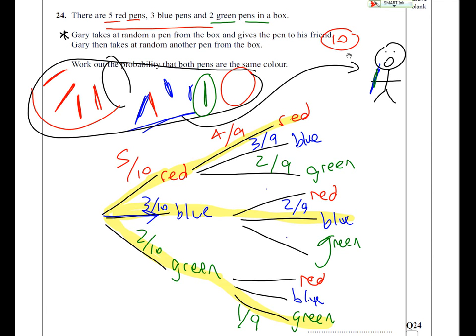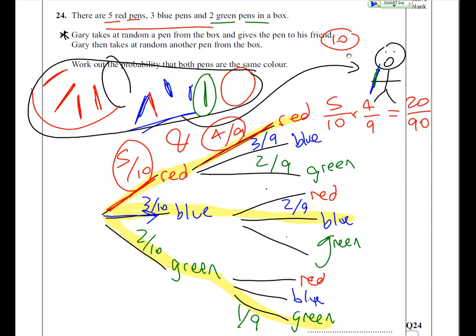Now when you go along these lines on your tree diagram, you want the first one to be red and the next one to be red. When you go along the lines, you multiply. So it's 5 out of 10 times by 4 over 9. If you want, use your calculator, I don't mind. 4 times 5 is 20, 10 times 9 is 90.